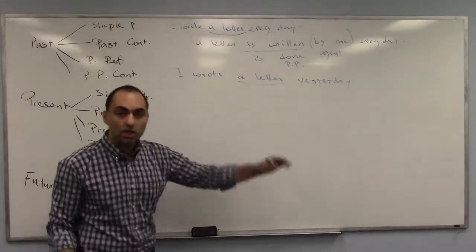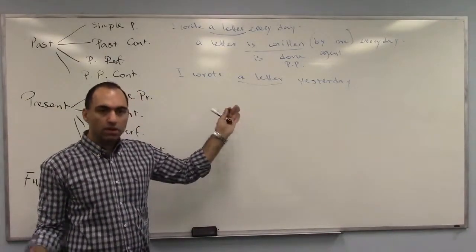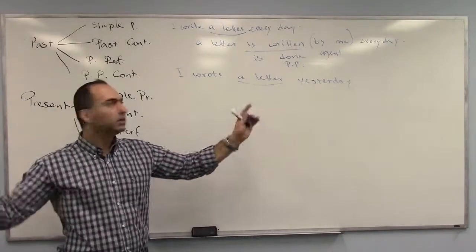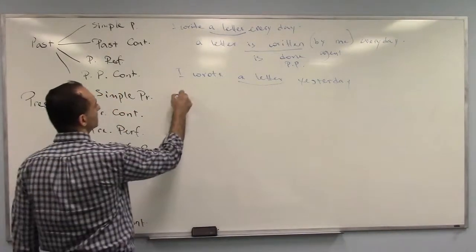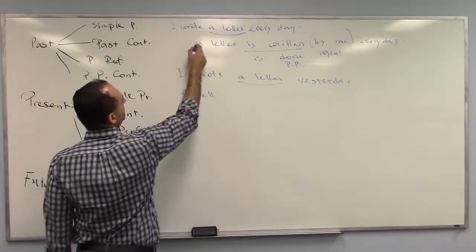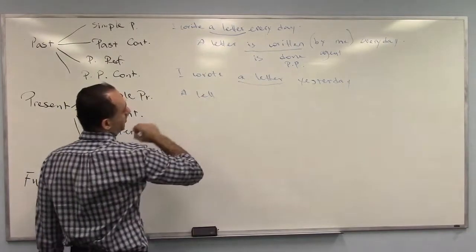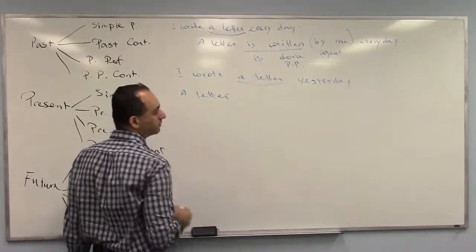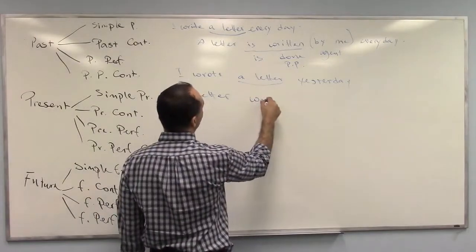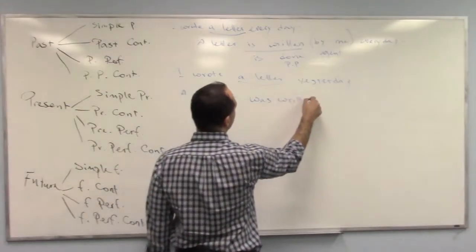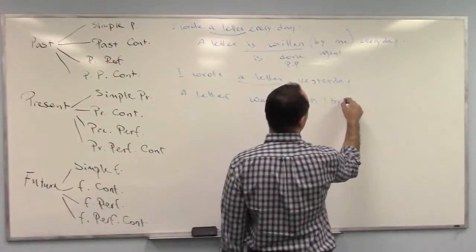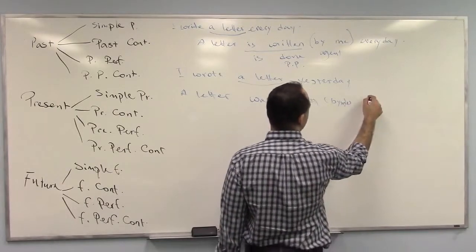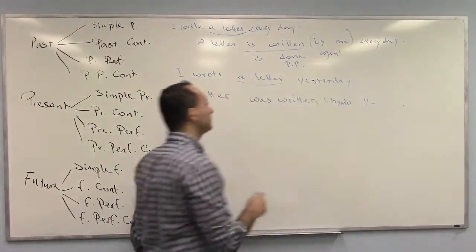If I want to continue, I should say the letter, if I don't want to continue, because now we know the letter. So a letter, and this should be capital because it's at the beginning. A letter was written. Now I can say by me yesterday.